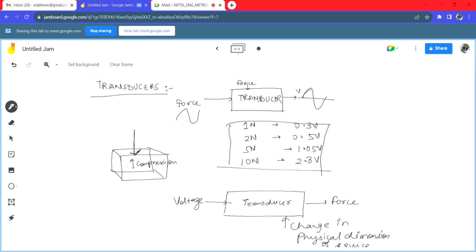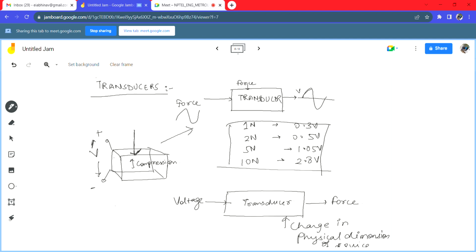Now when this compression along this axis happens, let us say we have one terminal over here as positive and one terminal over here as negative, we see a voltage V variation along with this compression. This corresponds to this part.